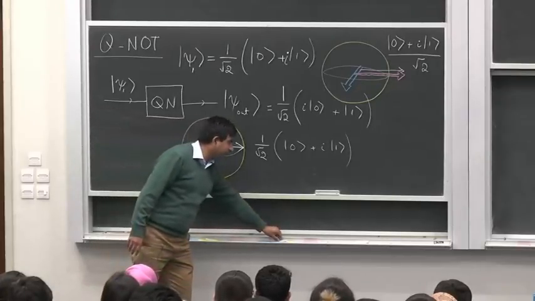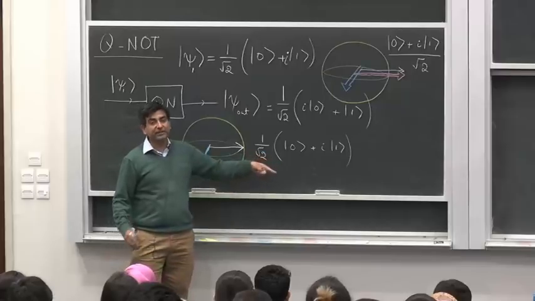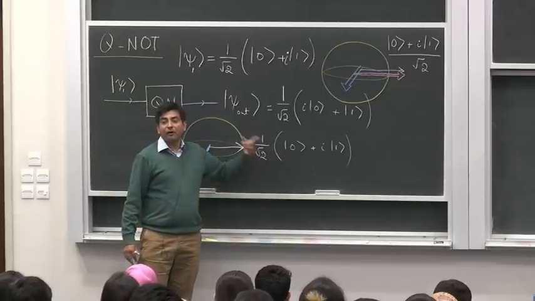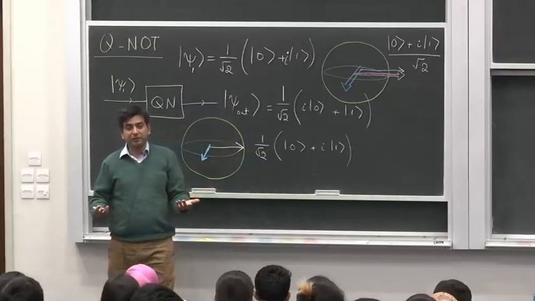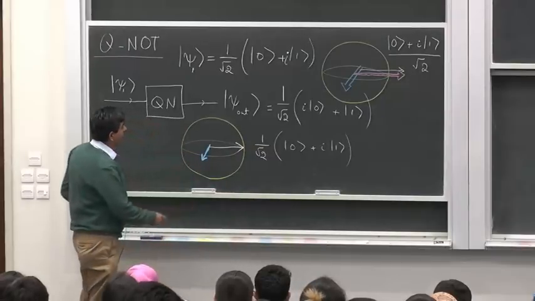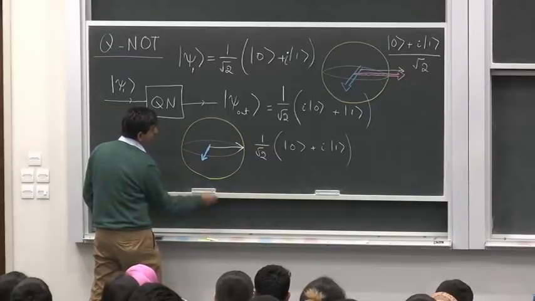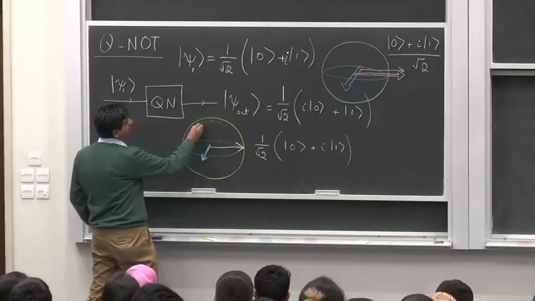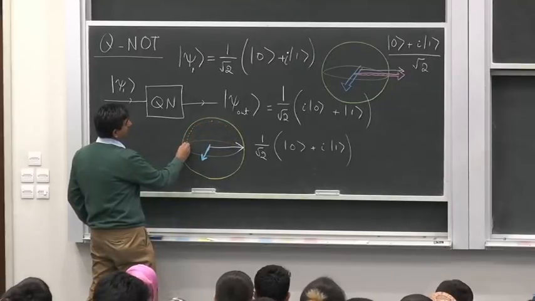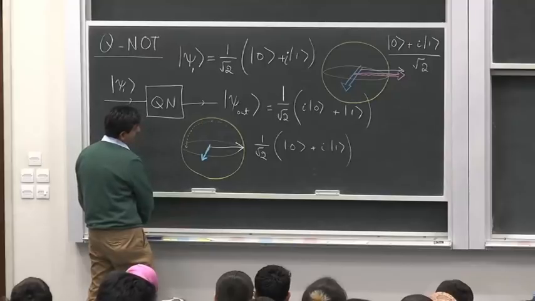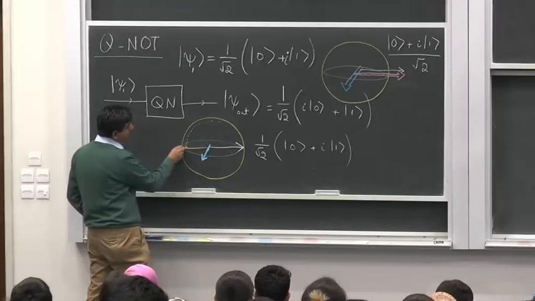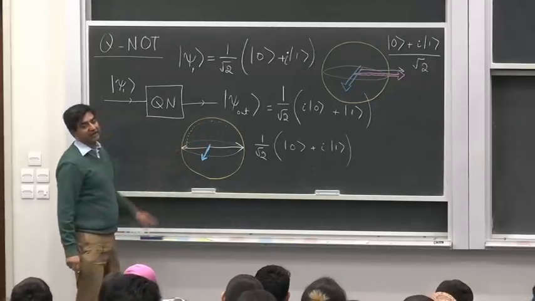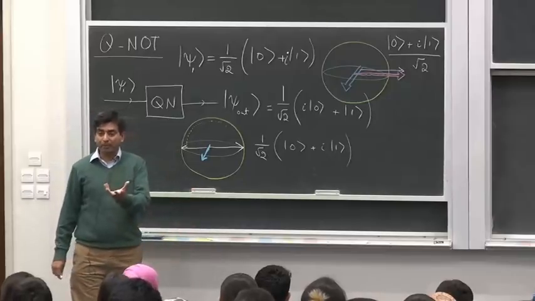Now we would like to see whether it has achieved the desired effect, whether the NOT gate has actually worked. So this state goes up like this, moves like this, comes here and ends over here. This is my final state as a result of this operation.